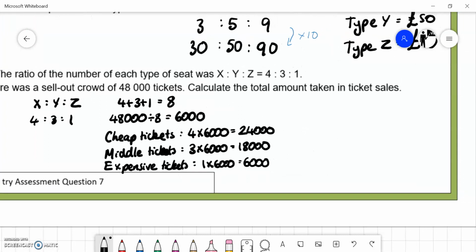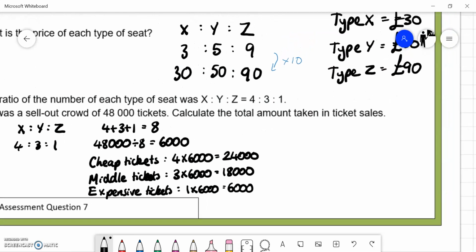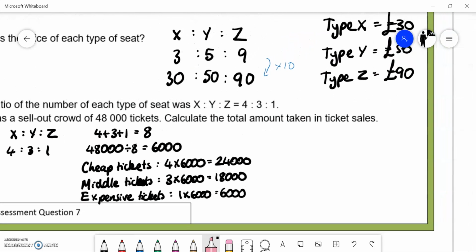We want to calculate the total amount taken in ticket sales. So remember, the cheap tickets each cost £30. I'm just going to put CT for cheap tickets. There's 24,000 tickets sold at £30 each. So 24,000 multiplied by 30 is 720,000.